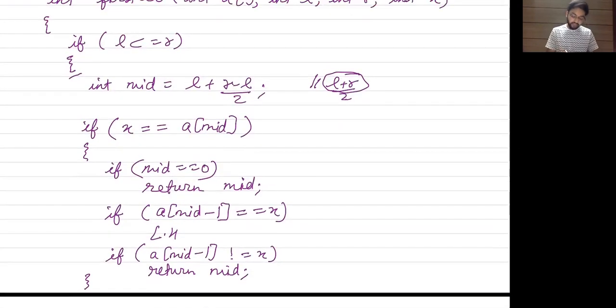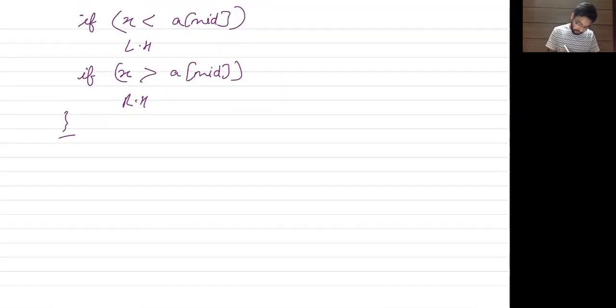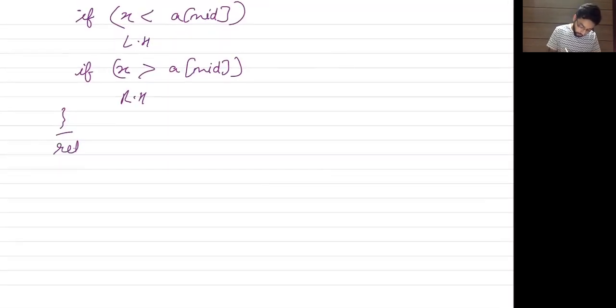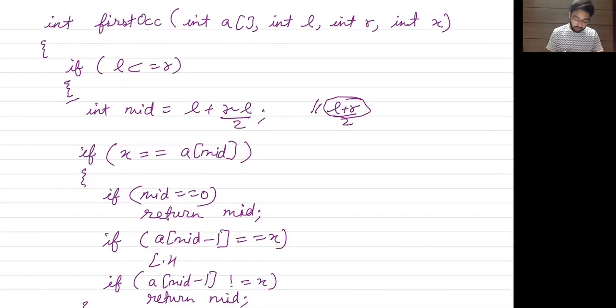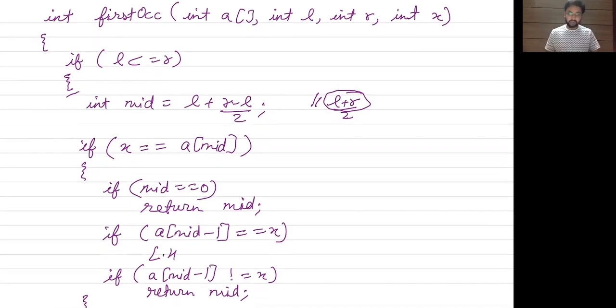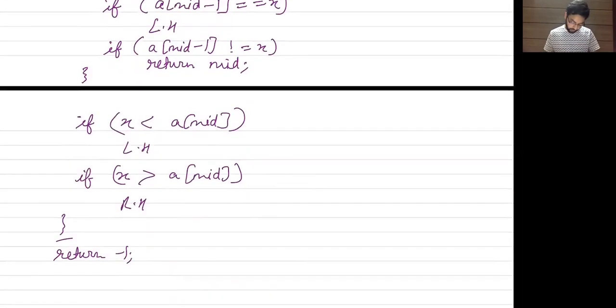And if left is not less than or equal to r, then we return -1. Why? Because if left is not less than or equal to r, then it does not represent a valid subarray, which means that the element which we were searching for doesn't occur in the array.